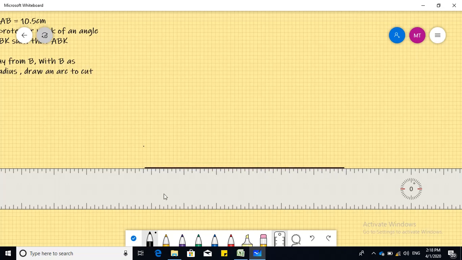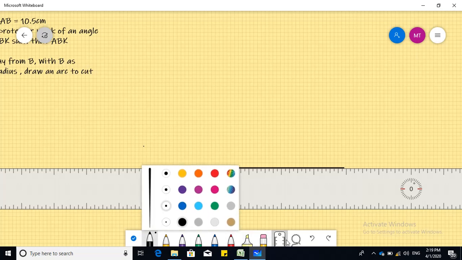Now I have used this random ruler, but as you can see there are no values on it. But when you use your own specific ruler, like the stationery one we normally use, you will have all the measurements on it. You can be more accurate than me when I'm using the software. So you will draw a line of 10.5 centimeters and mention it over here.